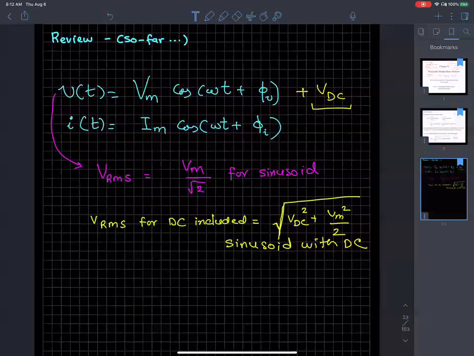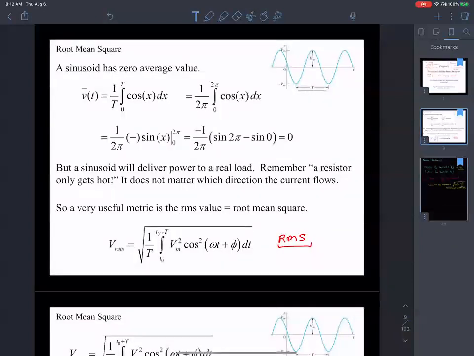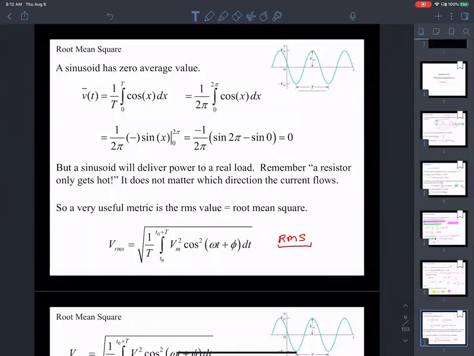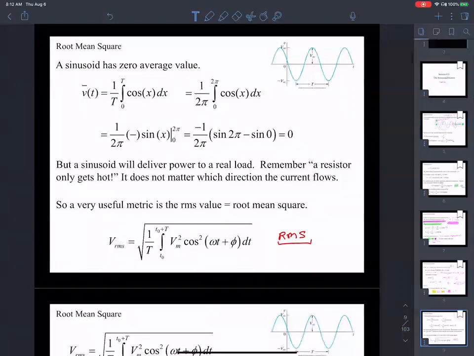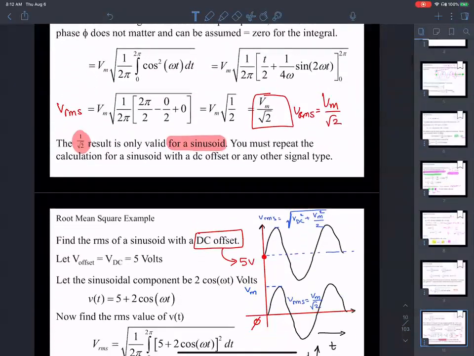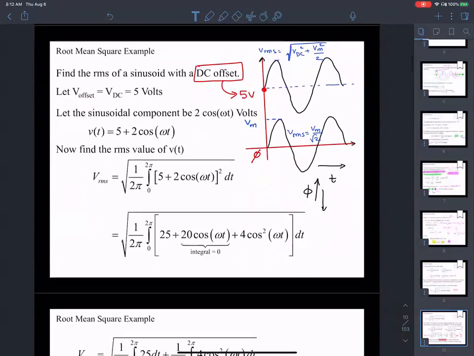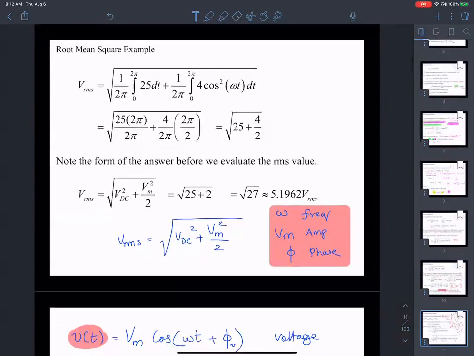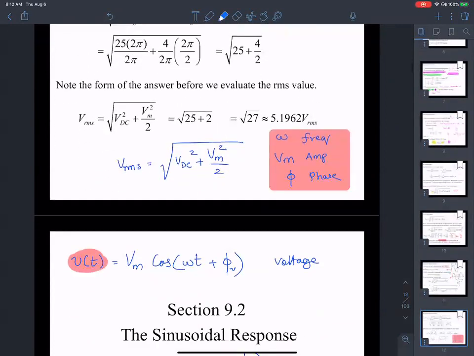Now, let's go back. So that's the sinusoid wave and sinusoid wave with DC component. How do you find the RMS value? That's something we discussed in the last class.